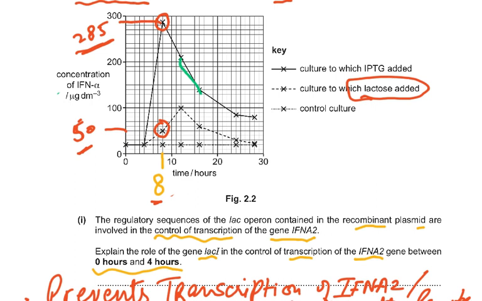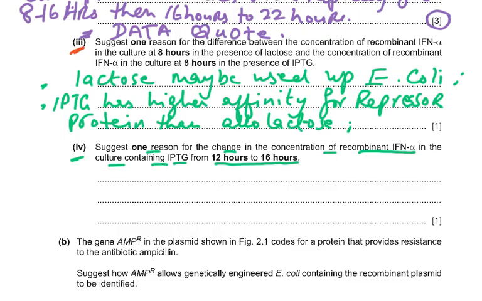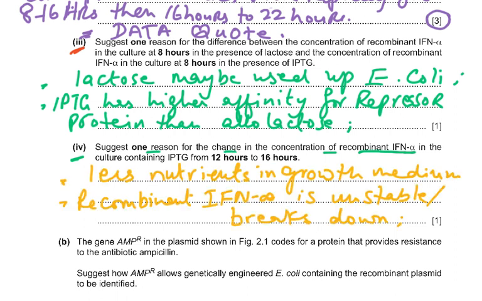So what could have happened here? Maybe less glucose, less amino acids, less nutrients, or you could have said IFNA is unstable and starts to break down. Again, suggest is the difficult part. Less nutrients in growth medium, recombinant IFNA is unstable, breaks down.